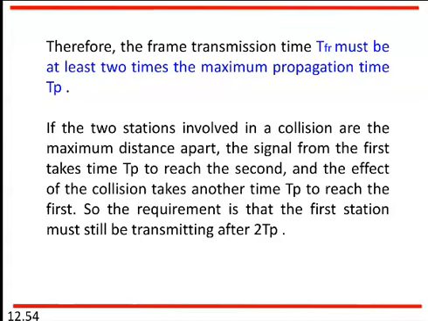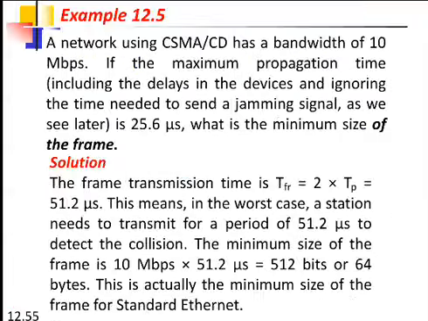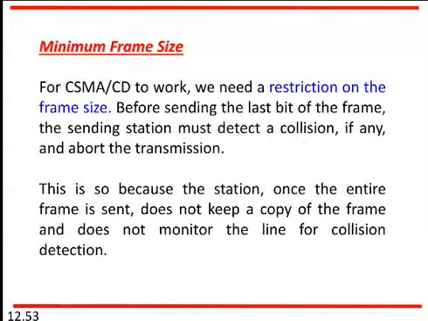So the requirement is that the minimum frame size must be at least 2 TP so that the collision can be detected and informed and the transmission aborted, while the copy of the frame still remains at the transmitter end.